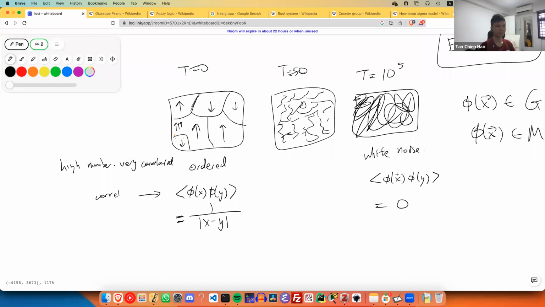Because you have provided enough energy. Does that have something to do with the interactions between the particles? Yeah, in some sense, at high temperatures, higher energy states are possible to exist.